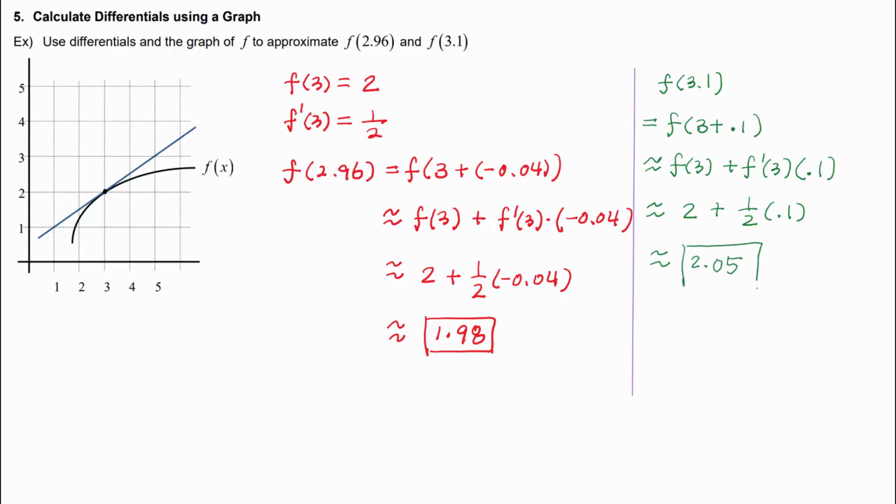So here's our approximation of f of 3.1. Okay, this is everything in section 3.9. Hopefully, you understood the concept of how we can use differentials to approximate function values.